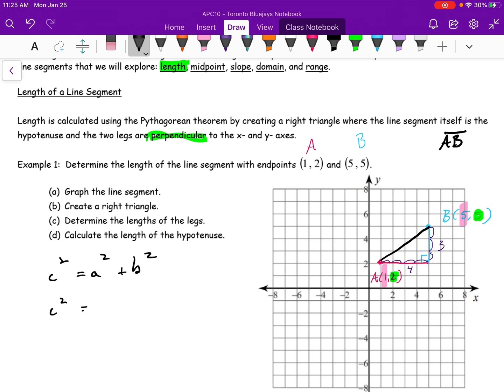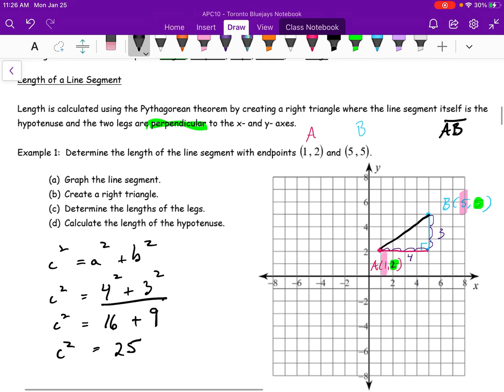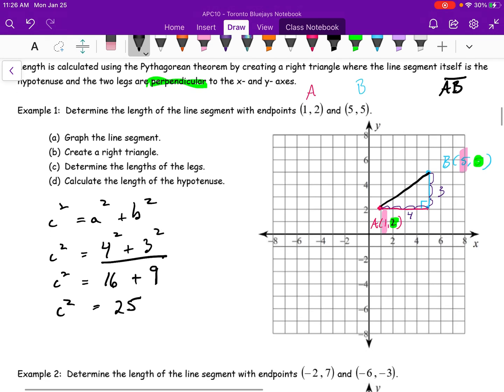So c squared is equal to, if I take 4 and I need to square that, plus 3, I'm going to square that. I'm going to try to simplify the right-hand side. I'm going to carry out the operations of exponents first. 4 squared is 16. 3 squared is 9. So c squared is going to be equal to 25. How do we solve for c?